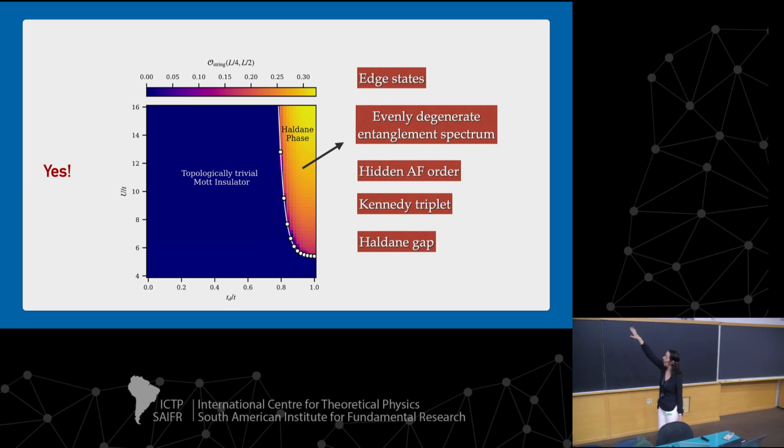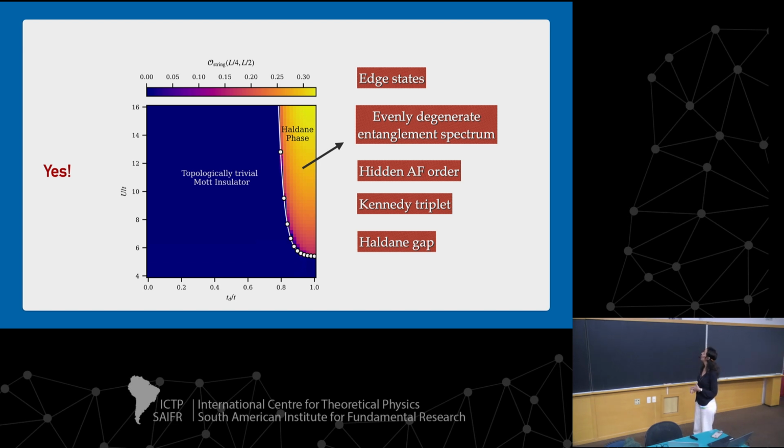The y-axis is the correlations, U. The x-axis is the diagonal hopping, and we use T as our scale, so T is always 1. And what we see, we do have this dome where we have a Haldane phase. And how do we probe that? We look into edge states.